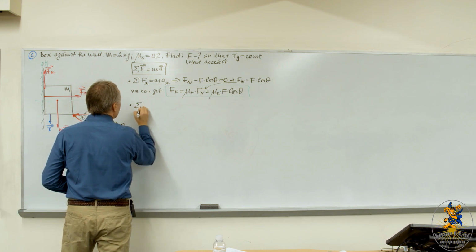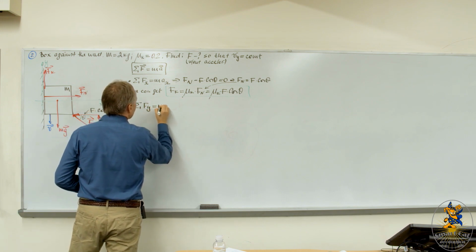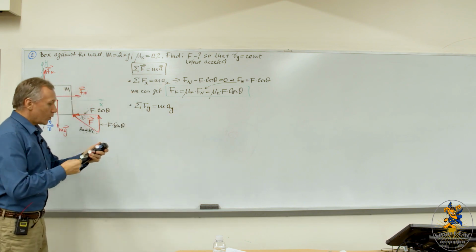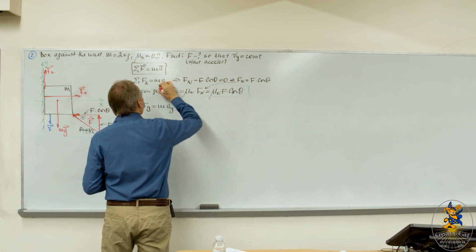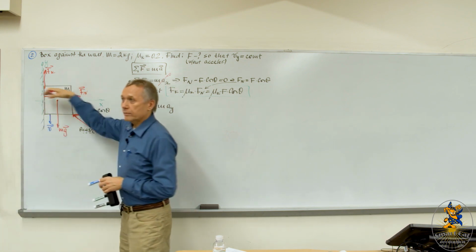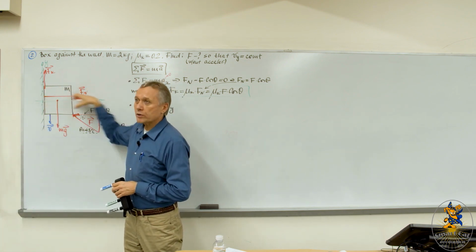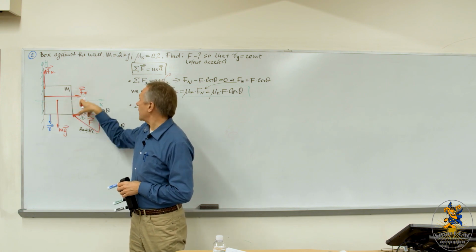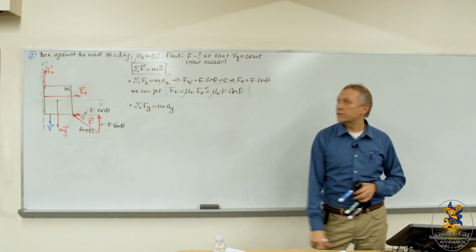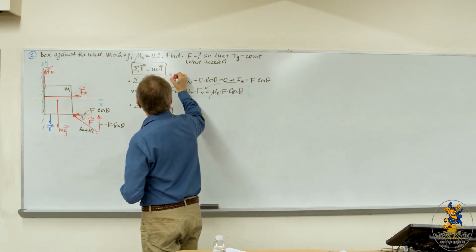The sum of the forces in the y direction equals mass times acceleration in the y direction. Over here I should also have written that this acceleration is 0, because we observe there is no motion of the box in this x direction. So acceleration equals 0, just by observation.